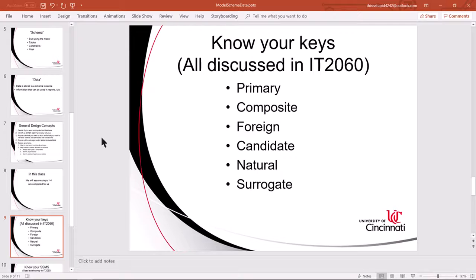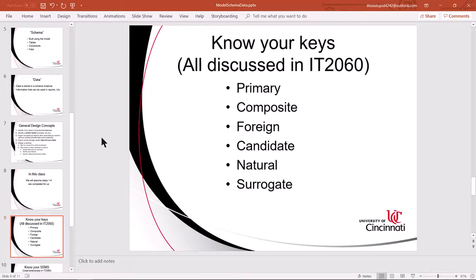Make sure you can apply them. Not just a definition, that's not sufficient for you. Make sure you can create a primary key. Make sure you can explain the purpose of a primary key. Make sure you can create a foreign key. Make sure you can explain the purpose of a foreign key. Make sure you can differentiate between all of these types of keys.